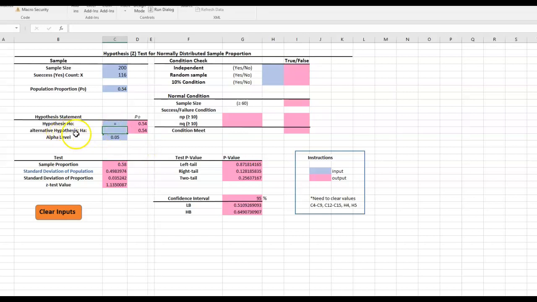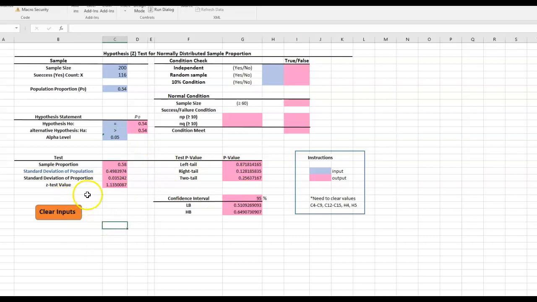And then the alternative hypothesis, as we already talked about, we want greater than 0.54, the current proportion. That's 0.58. Is that greater than 0.54? That gives us the right tail of the calculation. Let's look at the results.